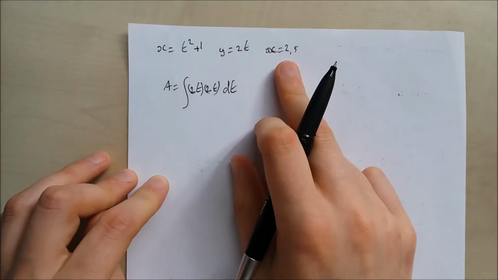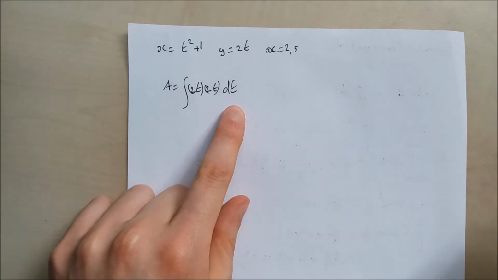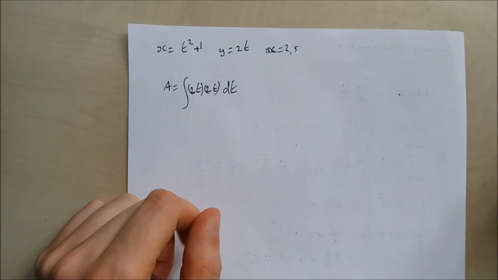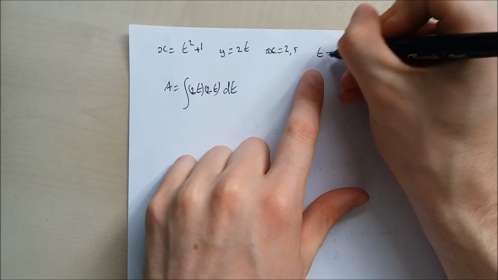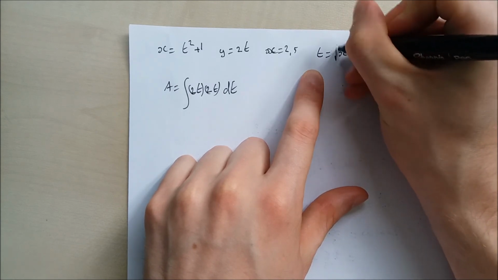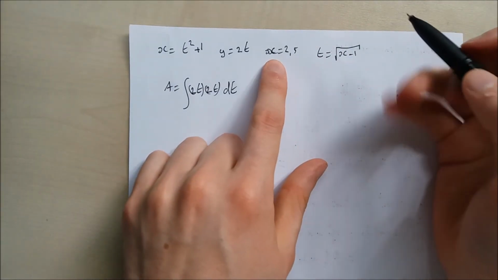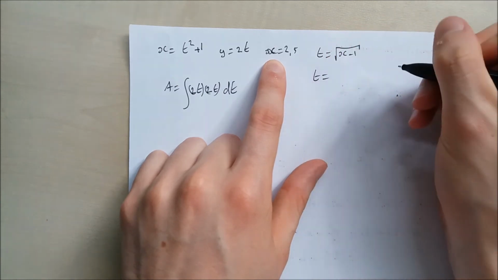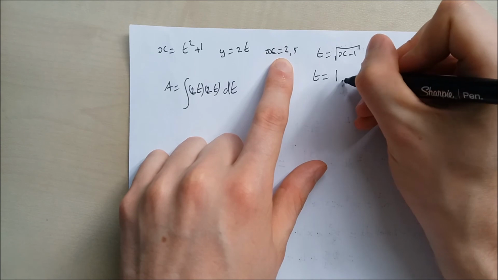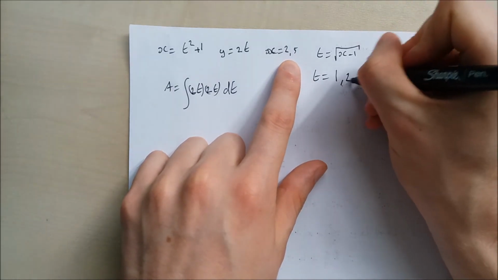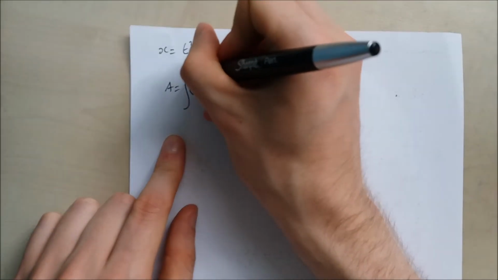For the limits we were given x values and we're integrating with respect to t, so we need an equation for t in terms of x. So rearrange this and you get t equals the square root of (x minus 1), and put these in and you get t is the 2 take 1 square root is 1, and 5 take 1 is 4, square root of that, and you get 2. So these limits are 2 and 1.